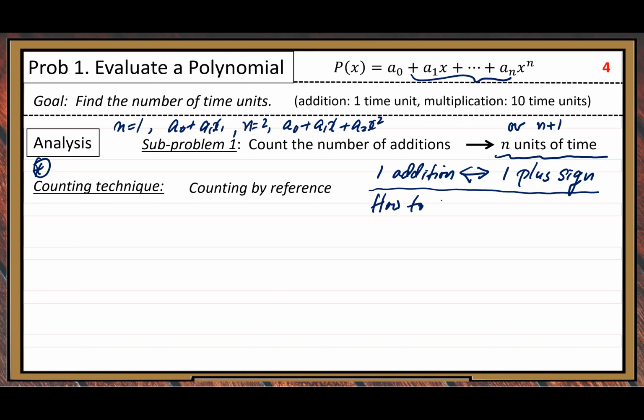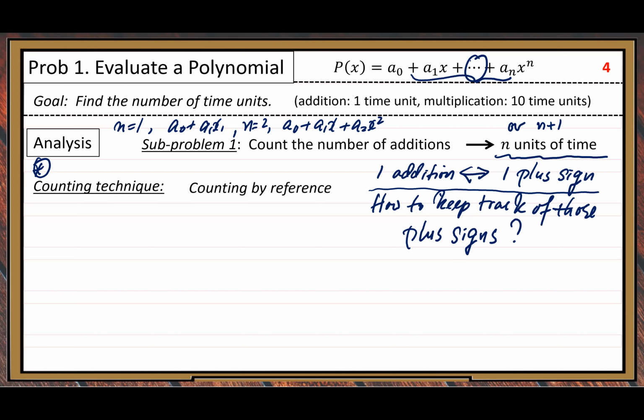How to keep track of those plus signs? We get lost, right? Because look at the dot, dot, dot, many dots, we skip many terms.